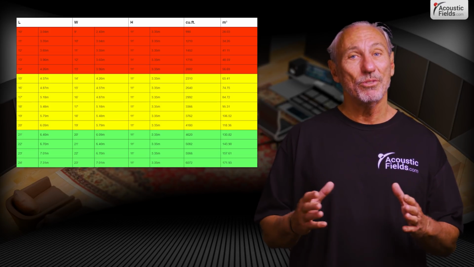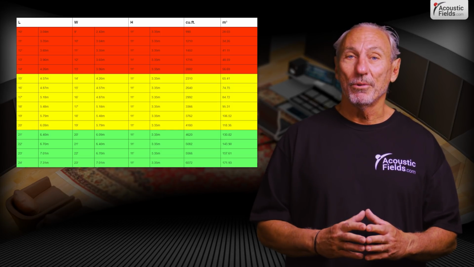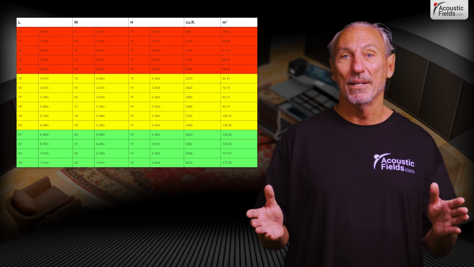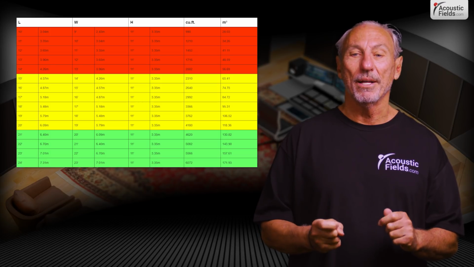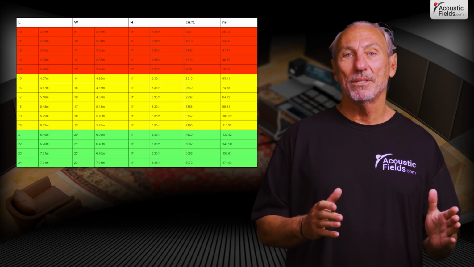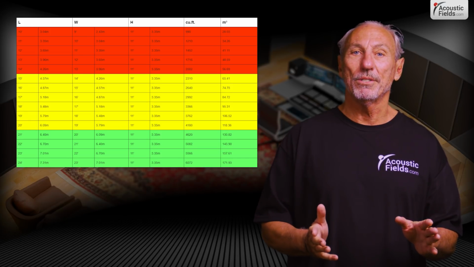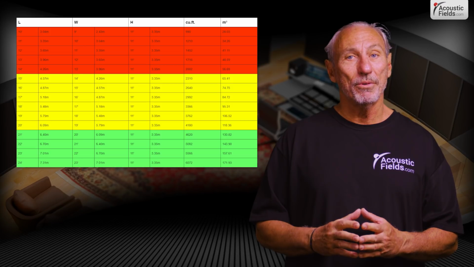And sometimes you're just going to have to find another room because we have the most powerful low-frequency technology ever created, and if we can't help you, nobody can. So we want to use this red, yellow, green chart as a guideline because we want to use the space to maximize performance. Like I said, the red is very, very small, great for vocals, but not too good for anything else.